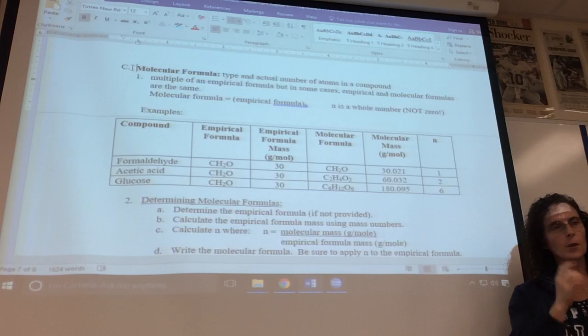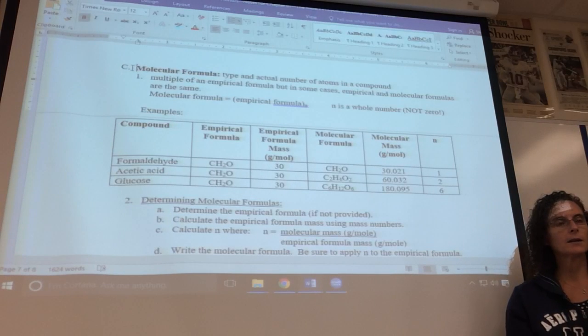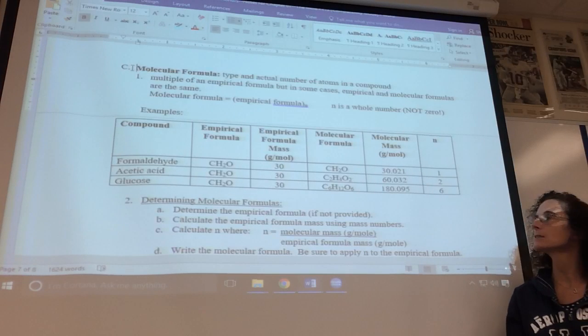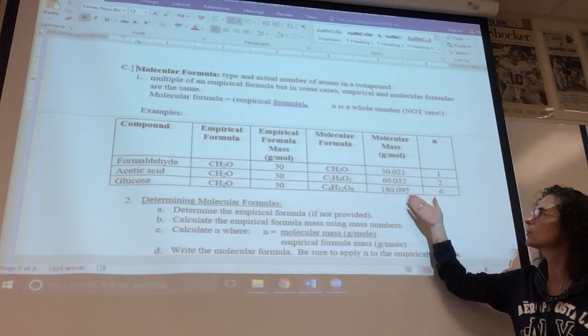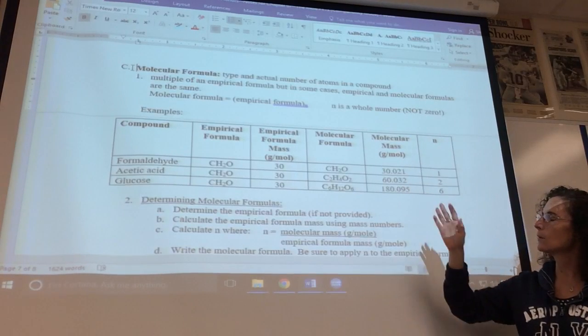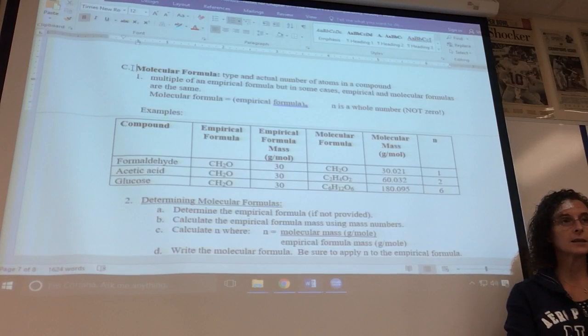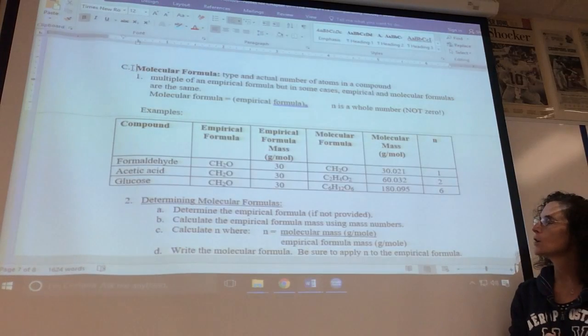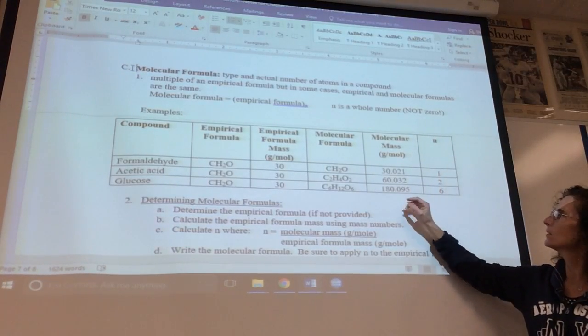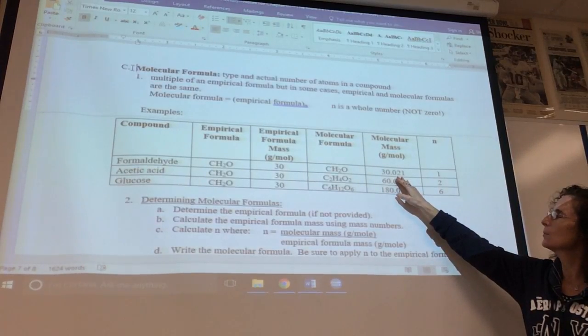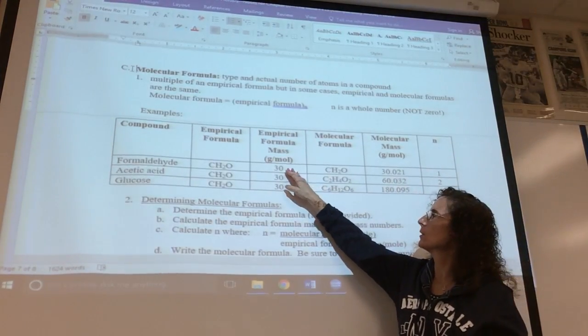You also can get the multiples by comparing their molecular masses with their empirical formula mass. We've talked about how to get empirical formula masses already, and we've done molecular masses at the beginning part of this chapter. So to calculate n, you can do the molecular mass over the empirical formula mass.